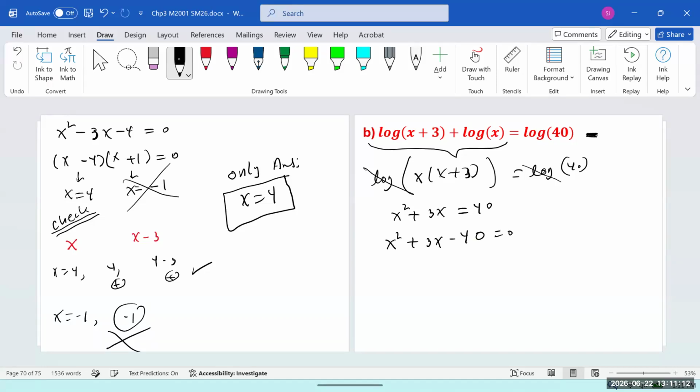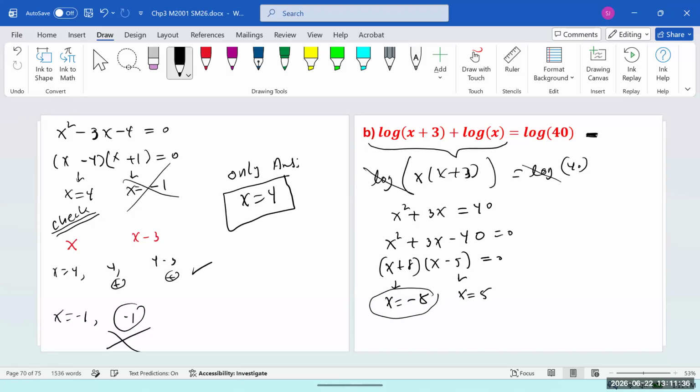Minus 40 equals 0. x plus 8, x minus 5. 5 times 8 is 40, 8 minus 5 is 3. So x is negative 8 and x is 5.